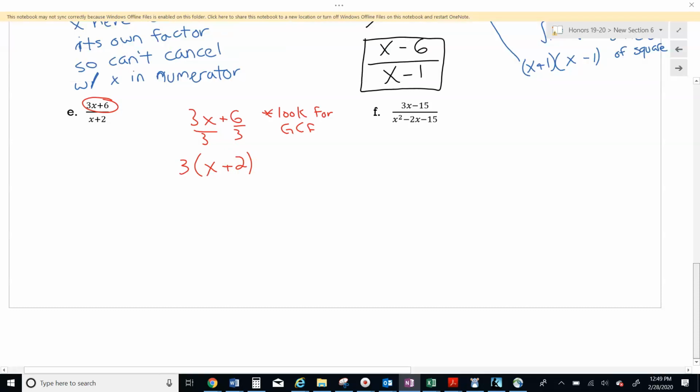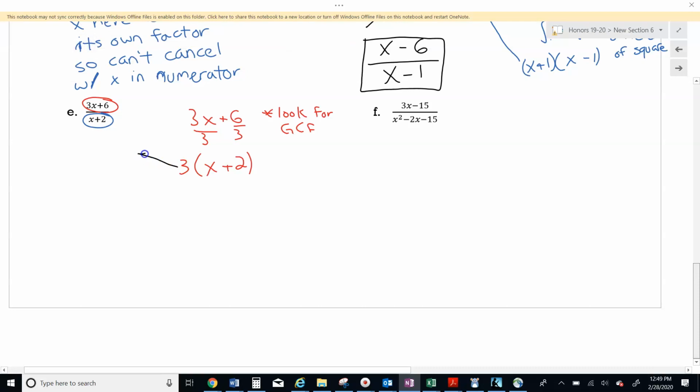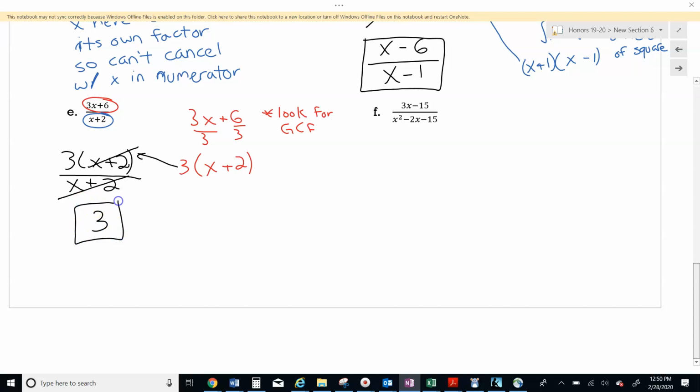This x plus 2 is not a quadratic, and 1 and 2 do not have common factors, so it's just going to stay exactly how it is. So I have 3 times x plus 2 over x plus 2. These x plus 2 factors are exactly the same, so I'm left with just 3.